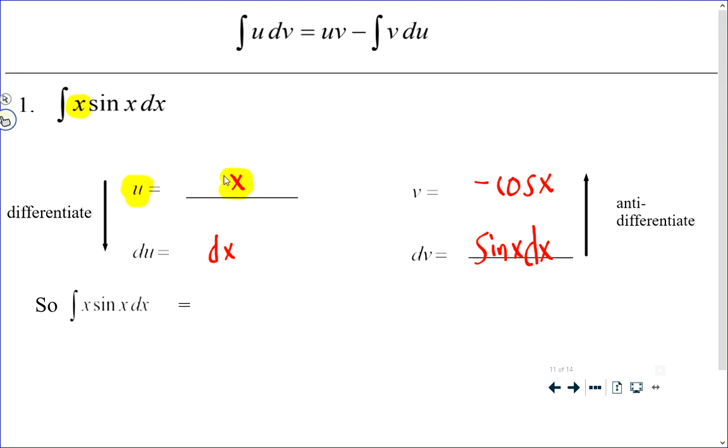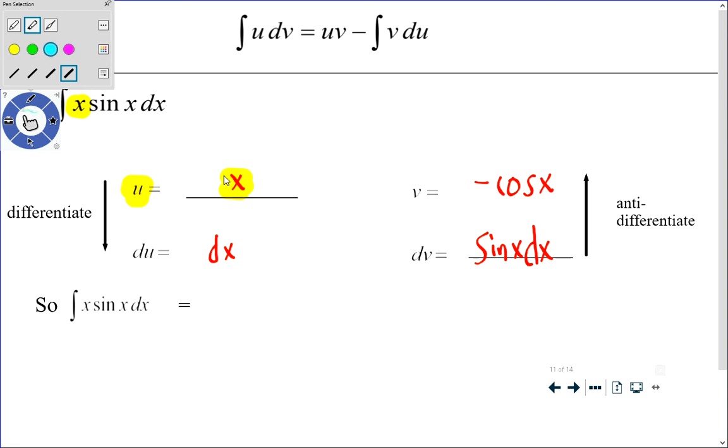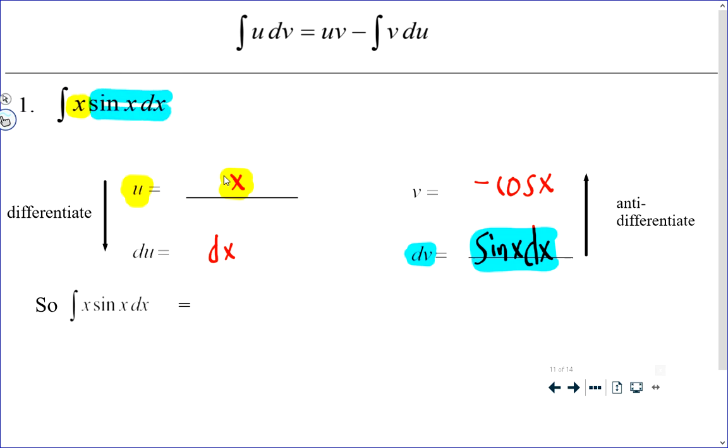That's pretty straightforward. But the thing I really like about it is the thing that you choose for dv, which in this case is sine x dx, is everything else. It actually includes the dx. So algebraically, it makes more sense.